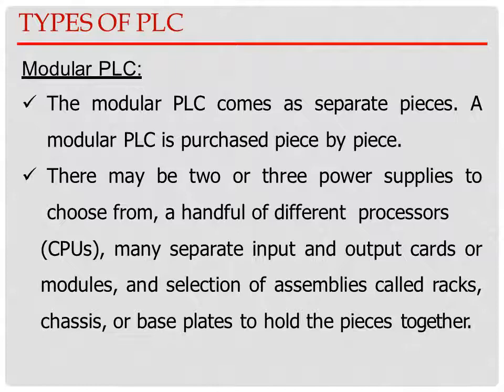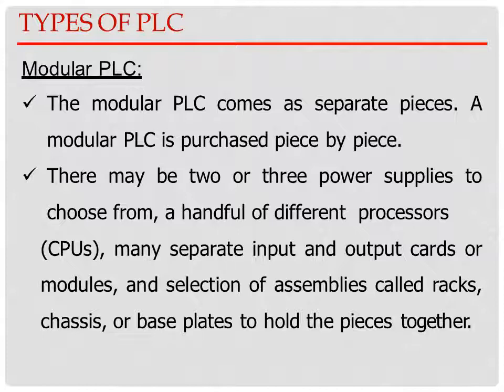You can choose the power supply required from those 2 or 3 power supplies. Then there will be a handful of different processors, that is CPUs. You can choose one from that. Then many separate input and output cards or modules, and a selection of assemblies called racks, chassis or base plates to hold all these pieces together.